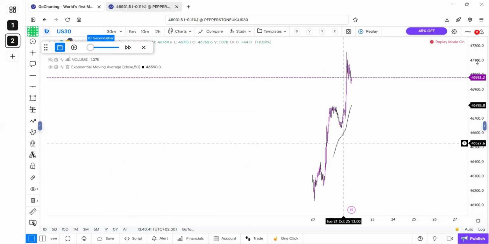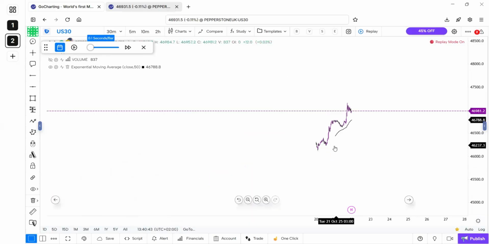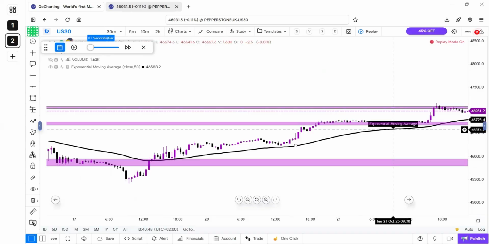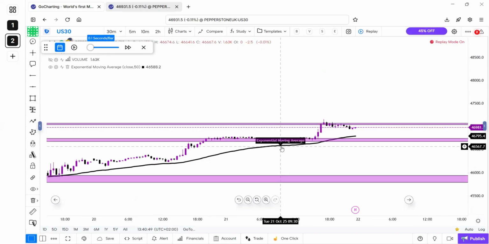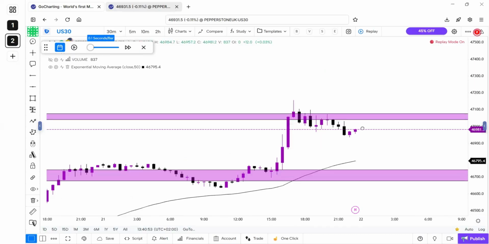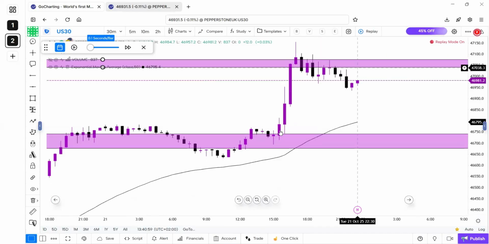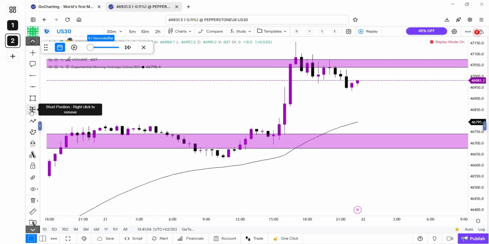For this trade, I didn't really drop down too much to lower time frames because it was straightforward, clear. Okay, yeah. So at 9:30, I'm looking for some buys.